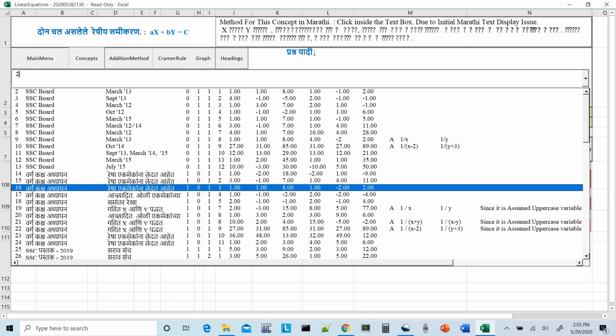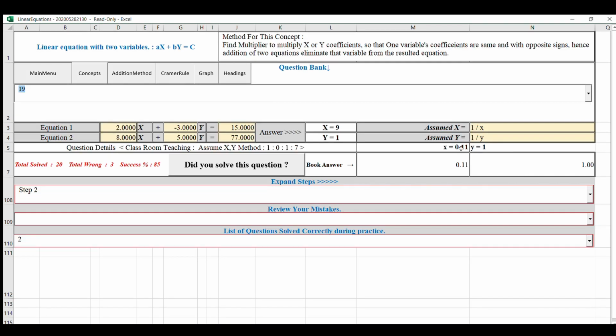What is that method? Something called the assumed XY method. And where it is to be used and why it is to be used, let me explain to you. So let's choose question number 19. Here I have not shown you the original equation, but look at line number 3 and line number 4, column number n.